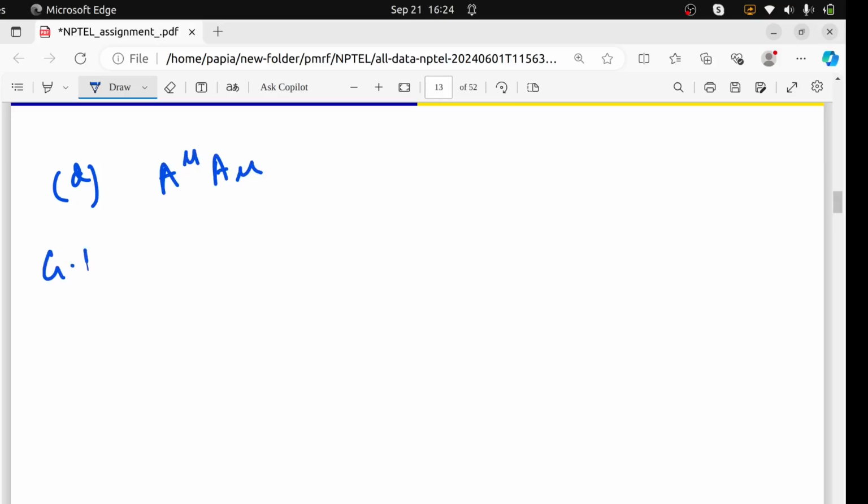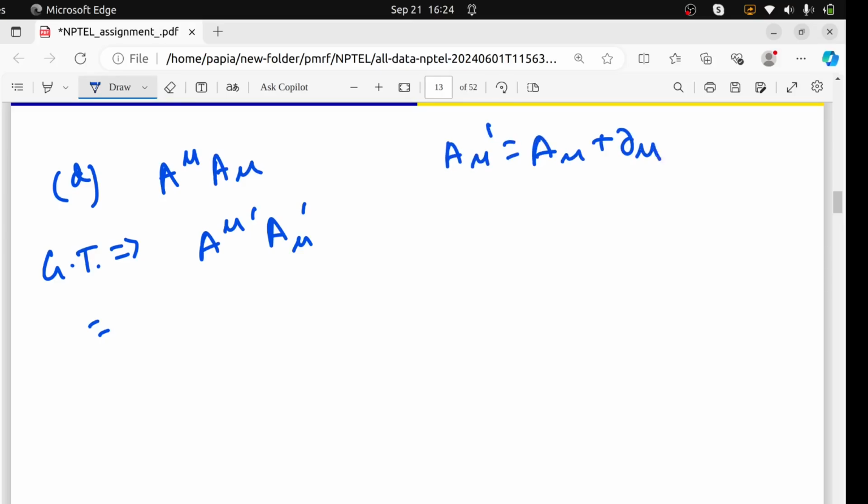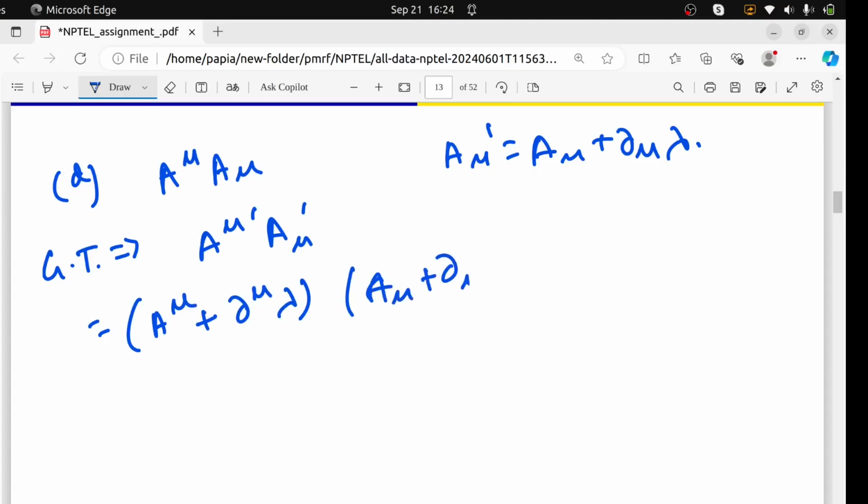So let me first check the gauge invariance. Here mu prime equals mu plus del mu lambda. Okay. So here we can write mu plus del mu lambda into mu plus del mu lambda.